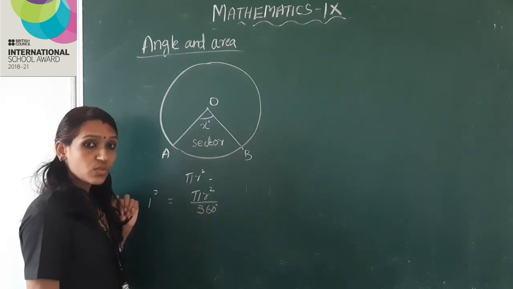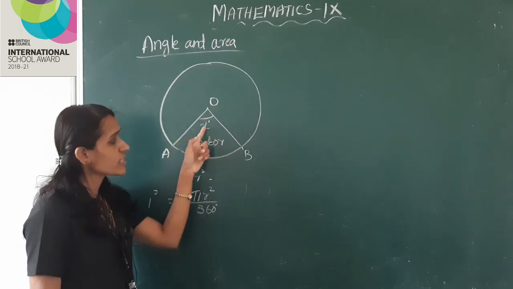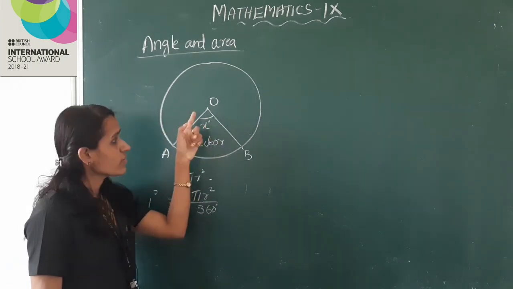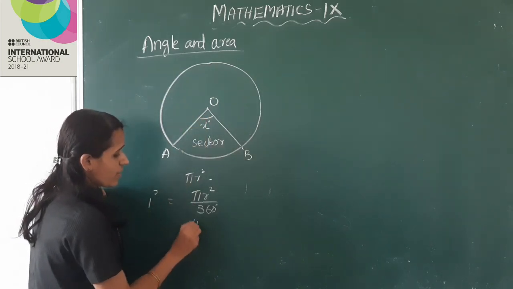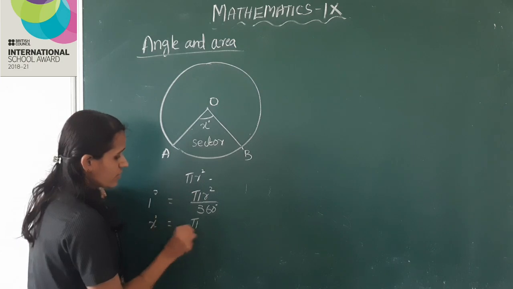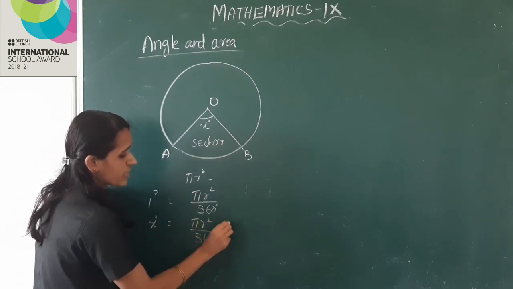So the area of the sector with x degree angle at the center is pi r square by 360 into x degree.